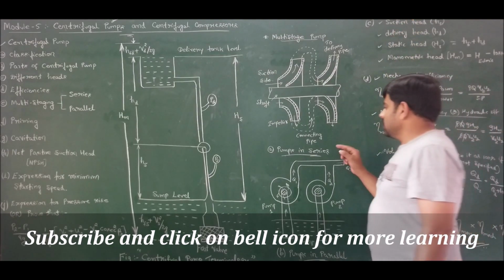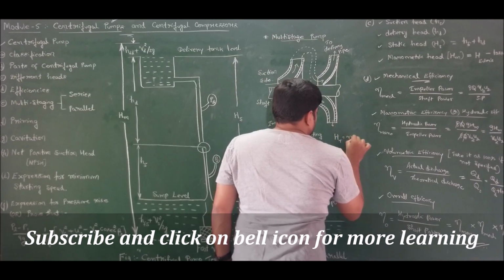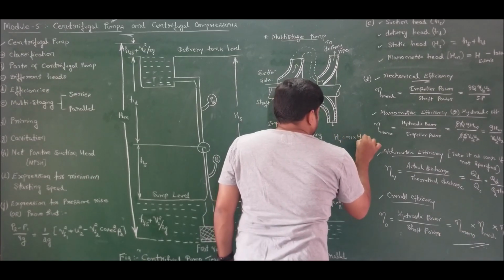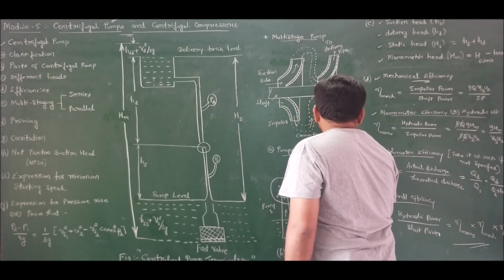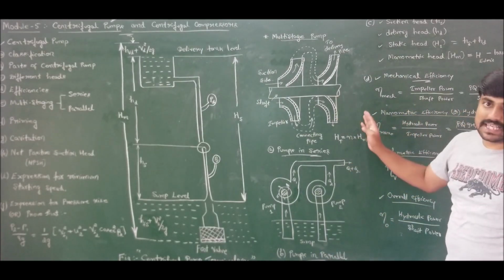So for pumps in series, the total head will be the number of stages times the manometric head of one pump, assuming that the head developed by all the pumps is the same. So if you want high head, you should connect the pumps in series.